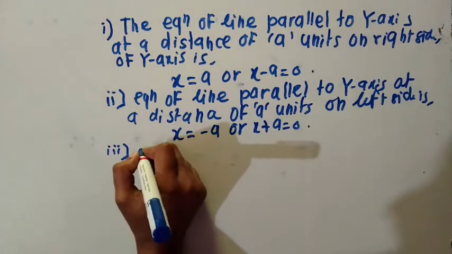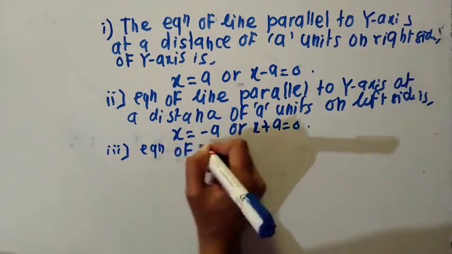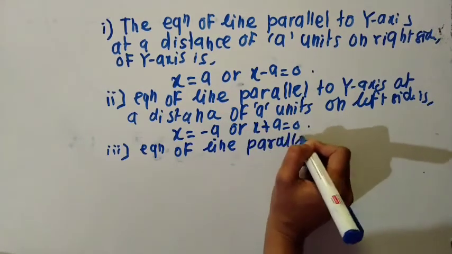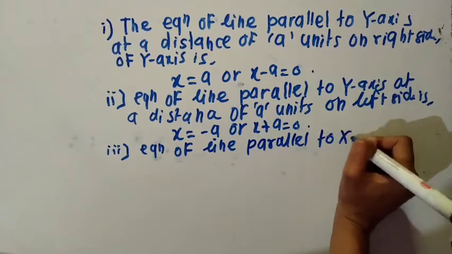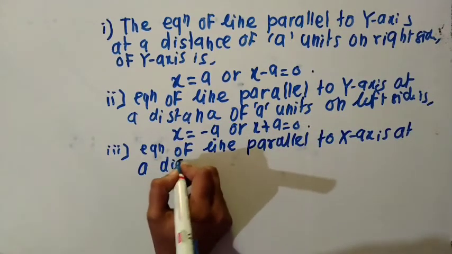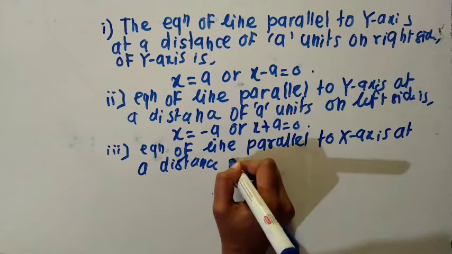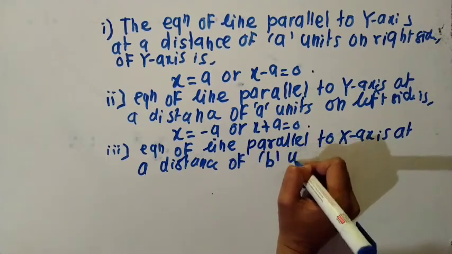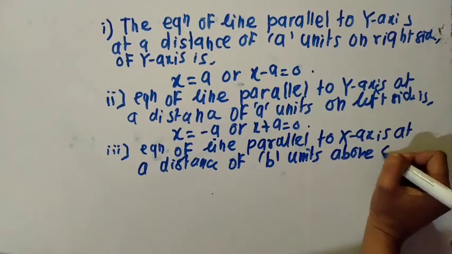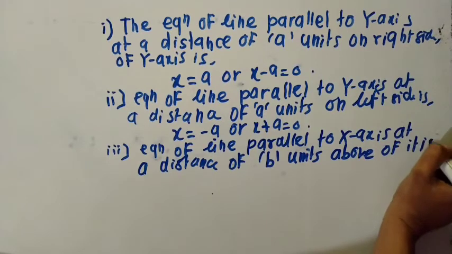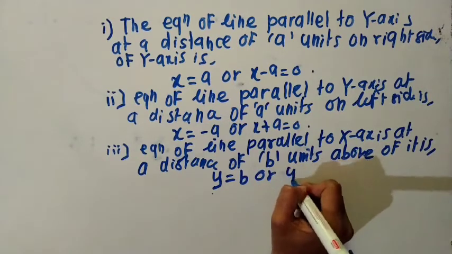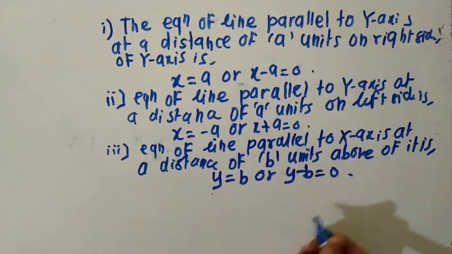Then third is the equation of line parallel to x-axis at a distance of b units above it is y is equal to b or y minus b is equal to 0.